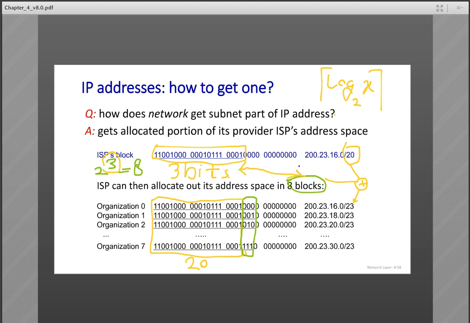It's a binary notation. Okay? Using a binary notation, I'm making it clear which of those subnets I'm talking about, just using those 3 bits.